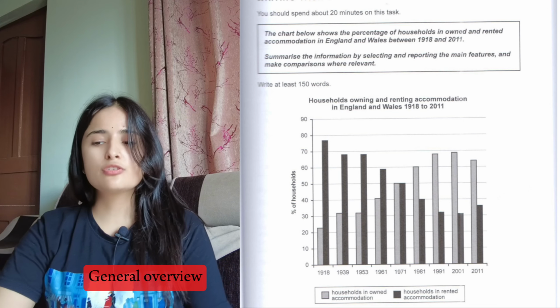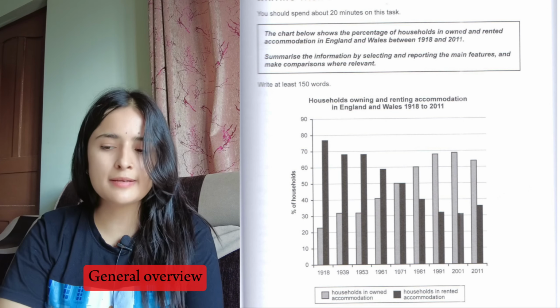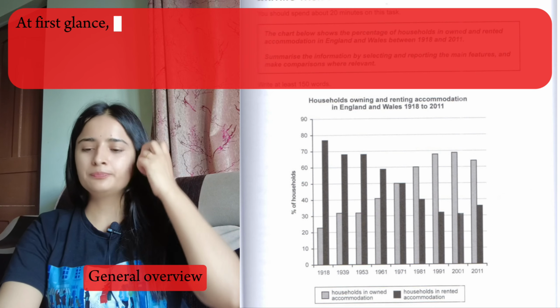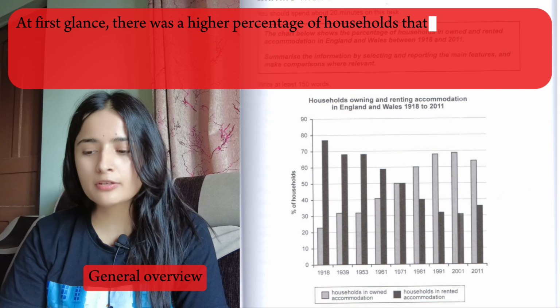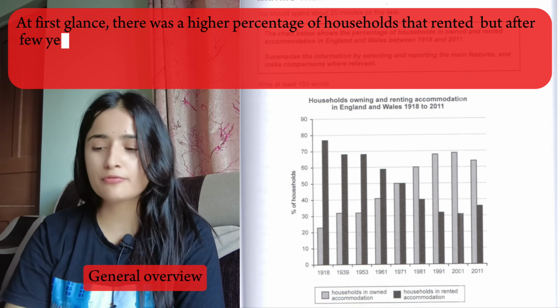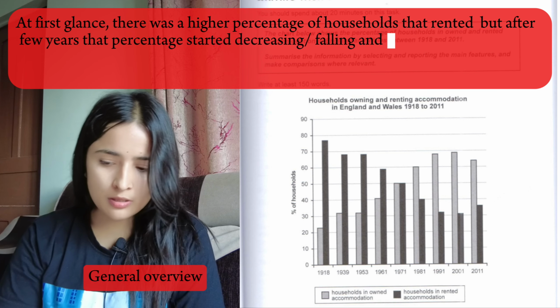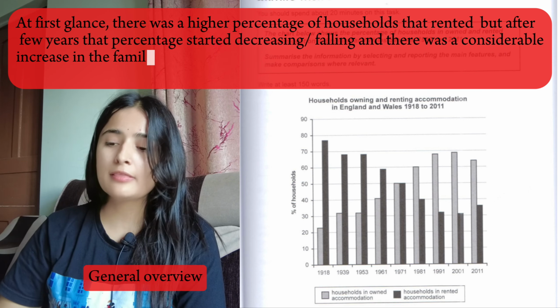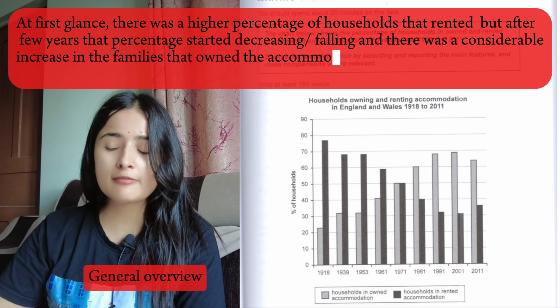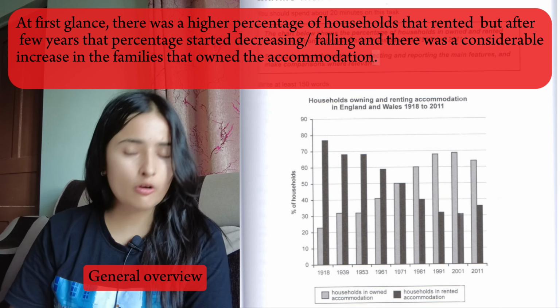So to write the general overview about this chart, you can say, at first glance, there was a higher percentage of households that rented accommodation, but after a few years that percentage started decreasing and there was a considerable increase in the households that owned the accommodation.